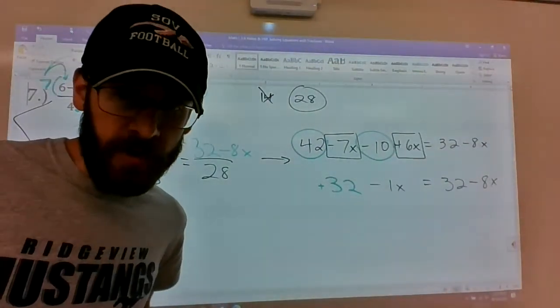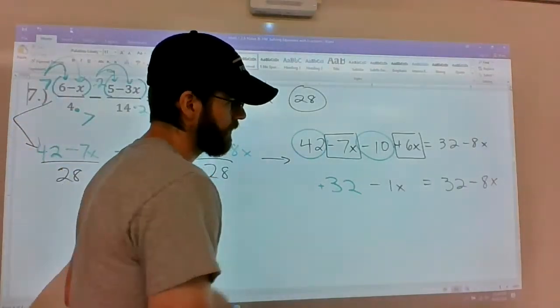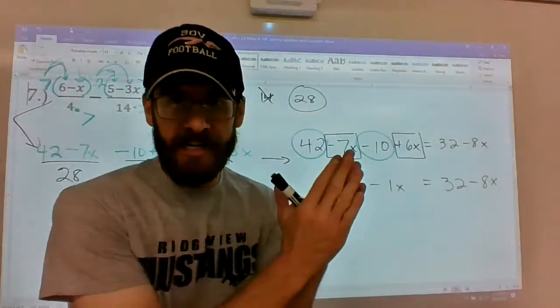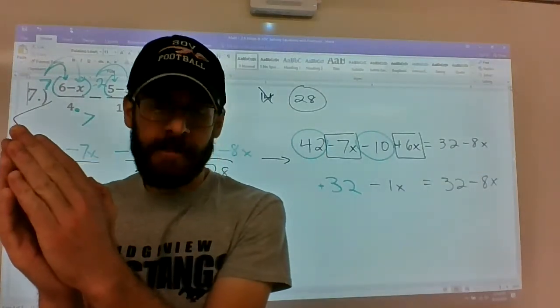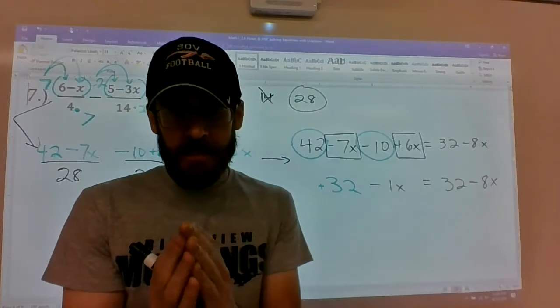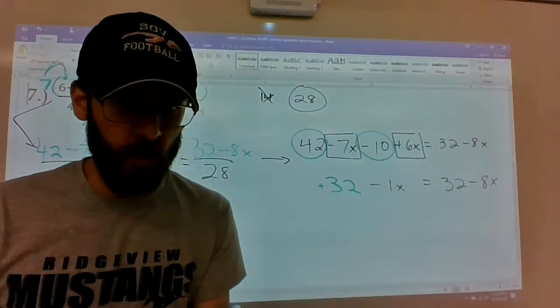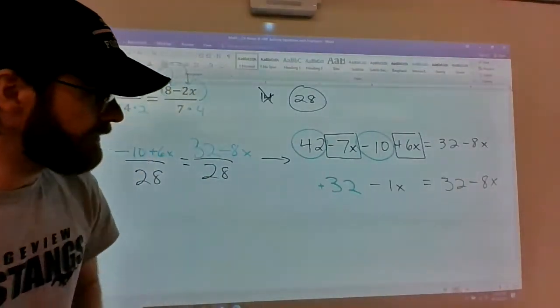A second shortcut that you guys are allowed to use is this one. I'm just trying to get the x's on one side and the constants on the other. So we can technically do that on the same move if you want to. Here's what I mean.